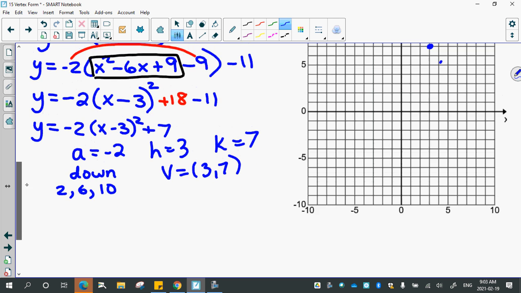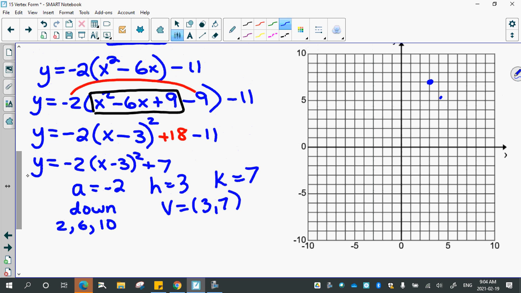Okay? So from your vertex, you're going to go over 1, down 2 on both sides, over 1, down 6 on both sides, and over 1, down 10, which doesn't quite fit on both sides.